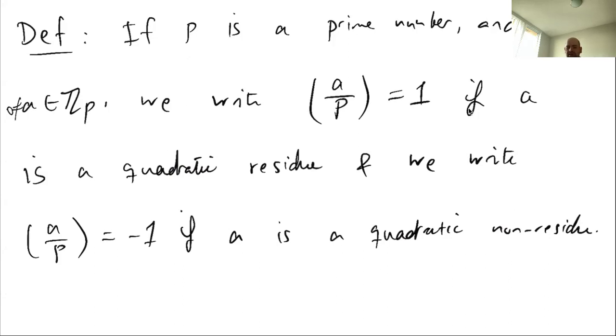So a over p has nothing to do with the fraction a over p, which would of course be a number between 0 and 1. It's just a notation, defined to be 1 if a is a quadratic residue, and defined to be -1 if a is a quadratic non-residue.